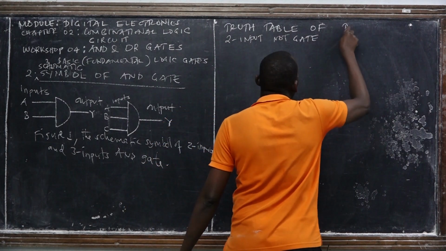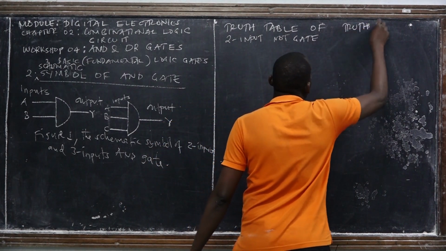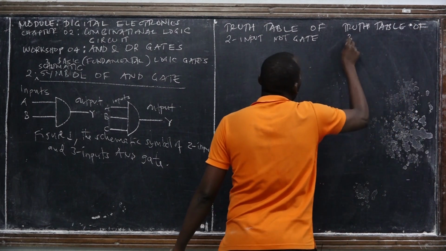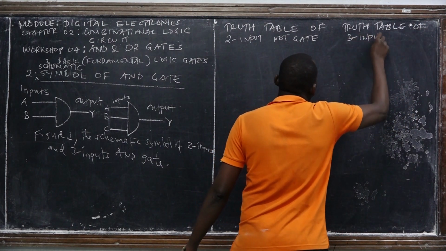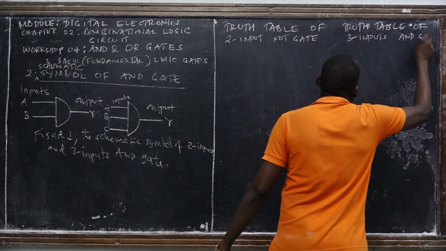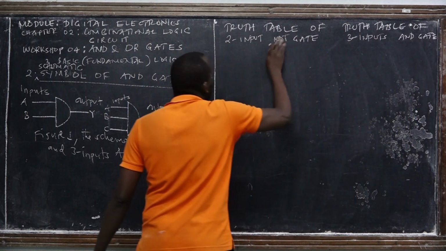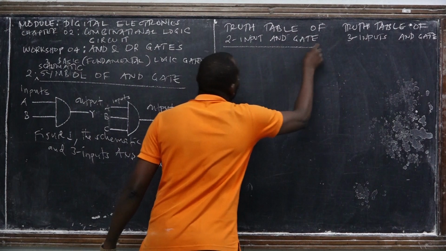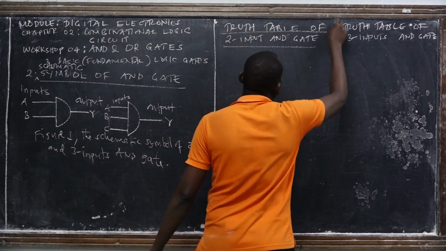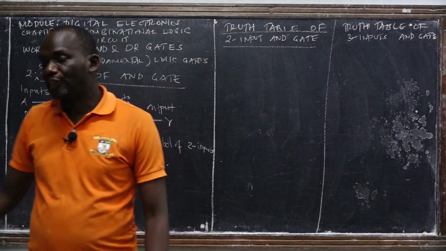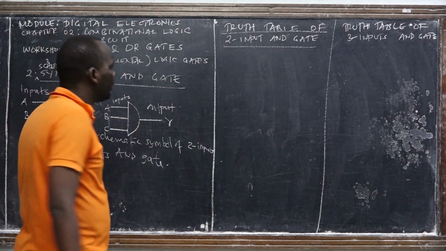Then at this point we'll have the truth table of the 3-input AND gate. I made a mistake here; this is the AND gate. Stop writing and stop drawing. Let us draw together.